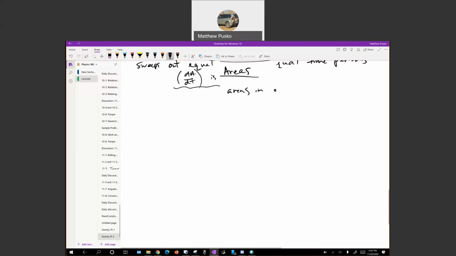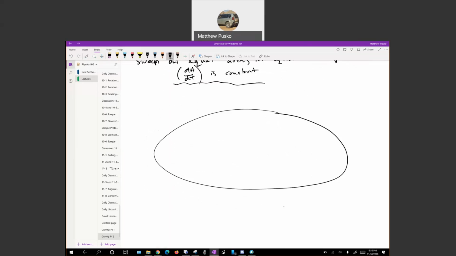So if we have an ellipse, this is the path of, we'll just keep using Earth. And we'll put the sun at one of the foci. Let's say it starts here at 1 and goes here to 2.